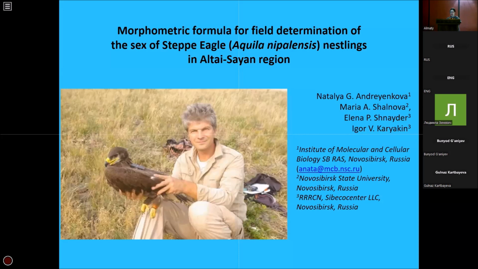Experienced ornithologists can quite accurately determine the sex by eye, but this doesn't always work, and not all researchers have sufficient experience. That's why we tried to get a formula just to calculate the sex.